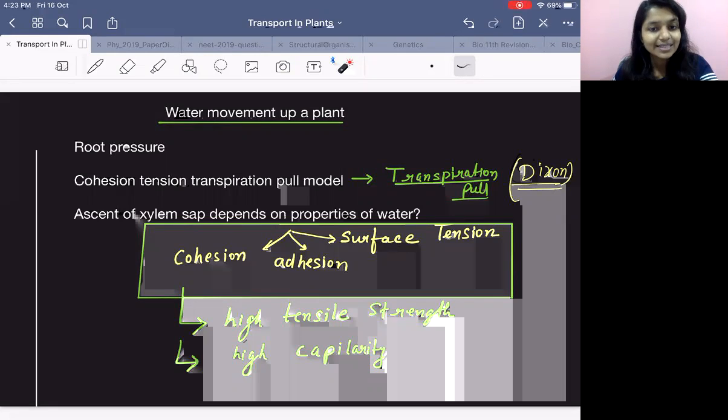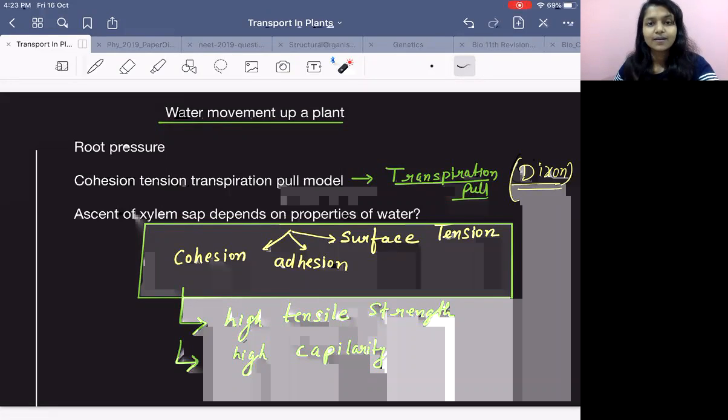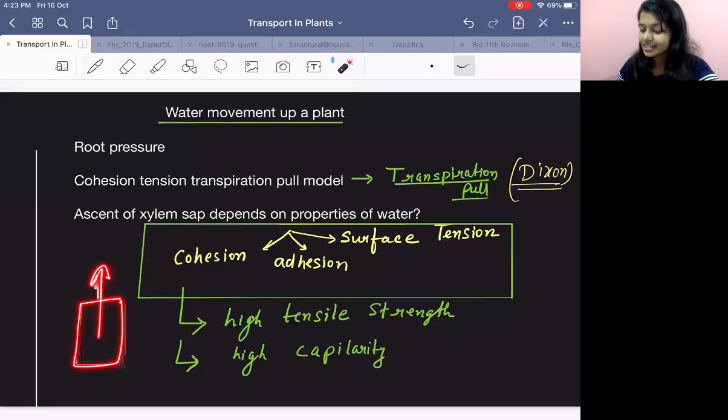Due to all these, they get high tensile strength. What do you mean by high tensile strength? Ability to rise for a long distance against gravity, because water has to go up, right, against gravity. So all these provide them that strength to go against gravity.